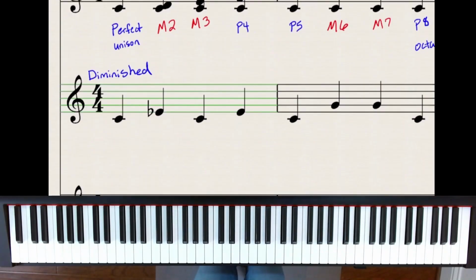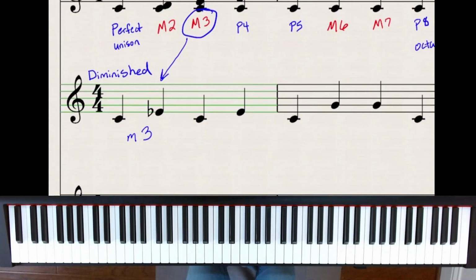Now let's talk about how to create a diminished chord. So earlier we said that if you take a major interval and we drop the top note down a half step, that gives us a minor interval. So we took from C to E and we lowered the E to an E flat, so that gave us a minor third.